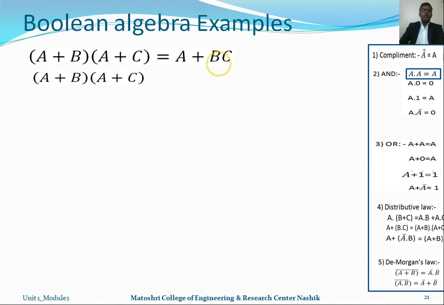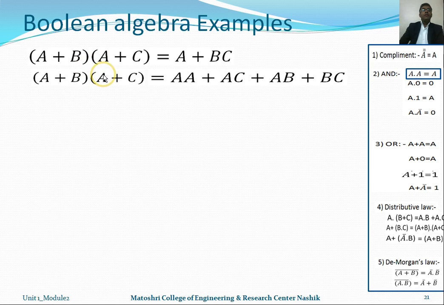Okay, so let's prove how these two are equal: left hand side equals right hand side. We take the left hand side, A ORed with B and A ORed with C. So we get AA, AC, AB and BC, which are ORed with each other. How? Similar to mathematics, we are just multiplying bracket by bracket.